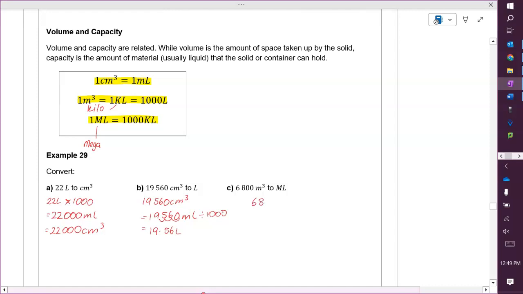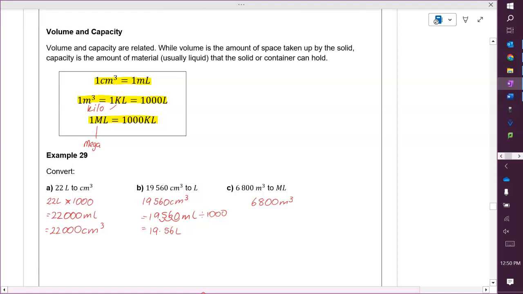Last one here, I'm going 6,800 metres cubed, and I'm converting it into megalitres. So we know that 1 metre cubed is the same as 1 kilolitre, which is the same as 1,000 litres.